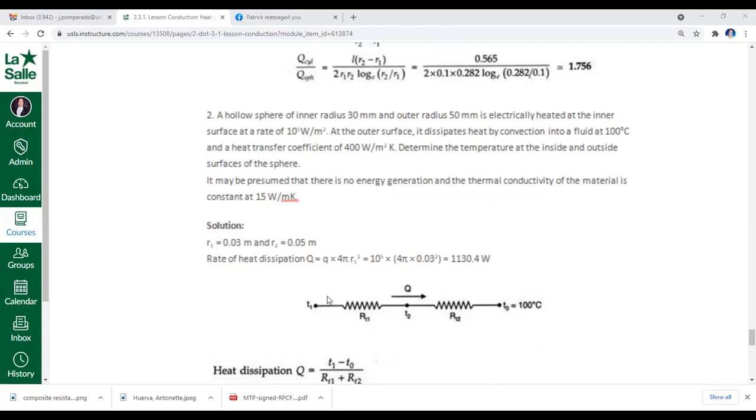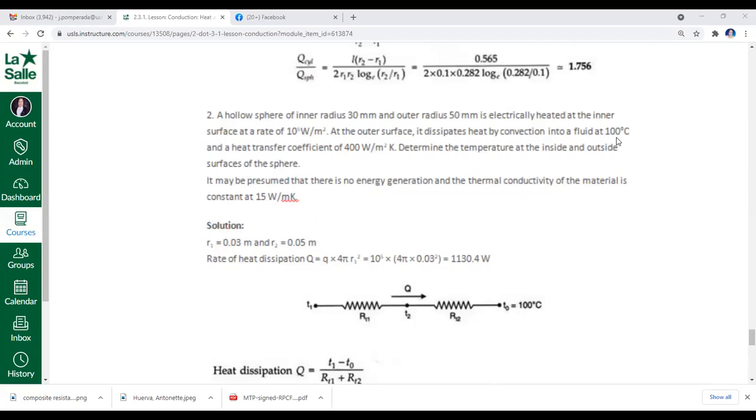T1 is the inner temperature of your sphere. T2 is the outer temperature of your sphere, or the boundary between the outer surface of your sphere and the film offering resistance to flow. While T sub infinity here, as mentioned, is the temperature of the fluid.